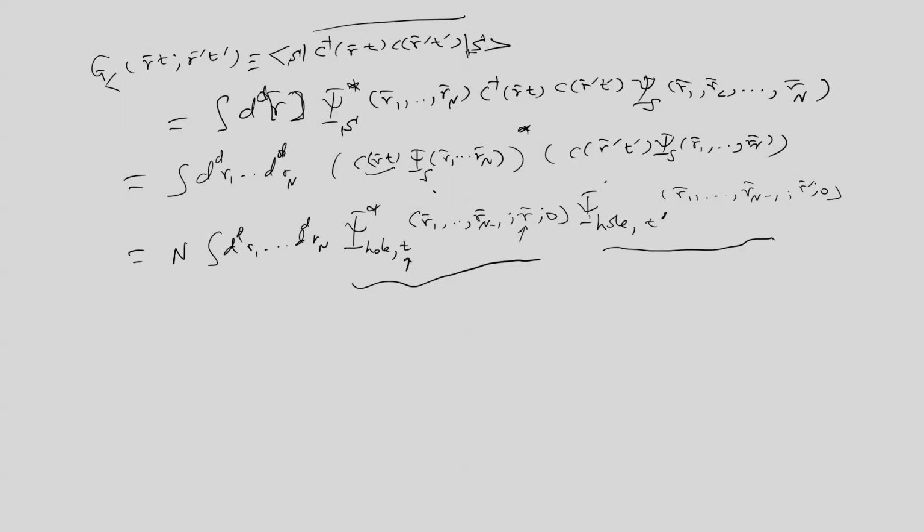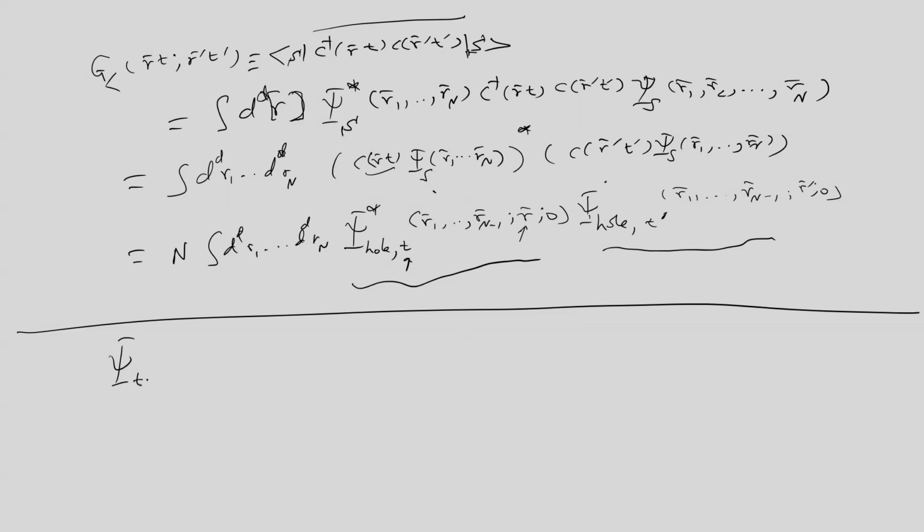So, similarly, you can define the wave function description of the particle propagator. So, let me describe to you the particle wave function. To cut a long story short, just like you have a whole wave function, you can have something called a particle wave function, again parametrized by t.